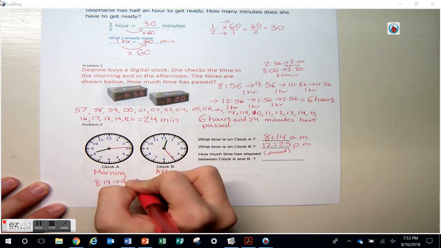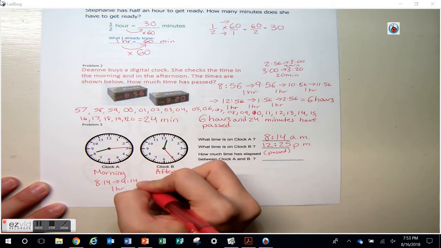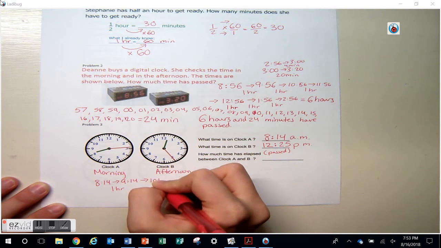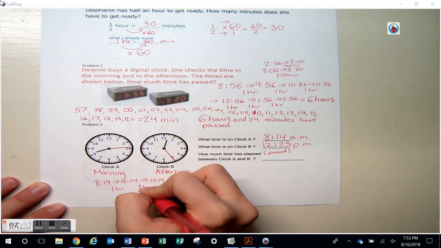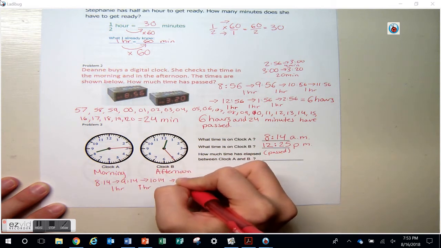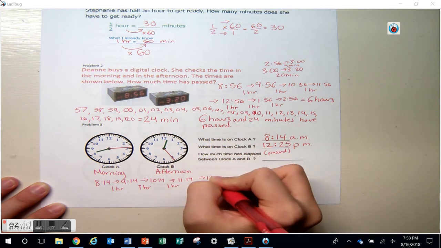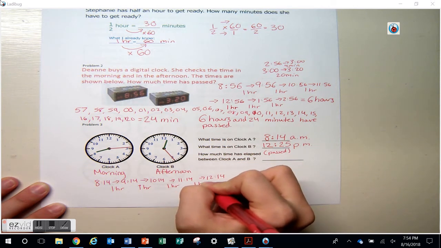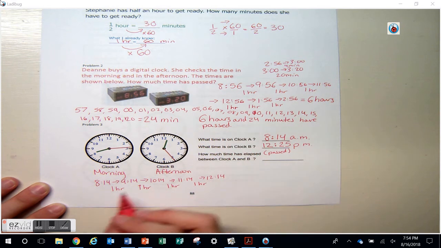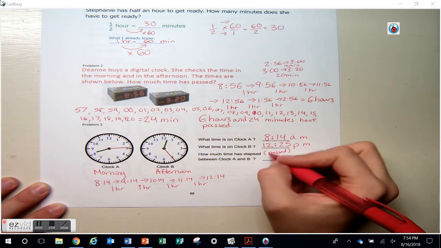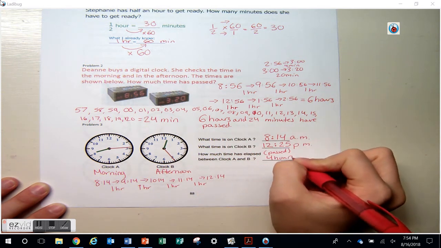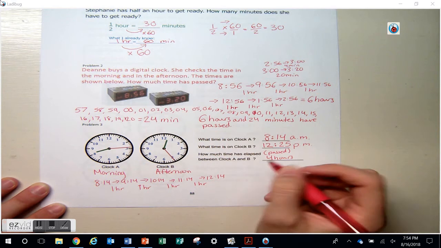Let's prove it though. 8:14, 9:14, 1 hour. 10:14, that's an hour. 11:14, that's an hour. 12:14, that's an hour. So I have 1, 2, 3, 4 hours.